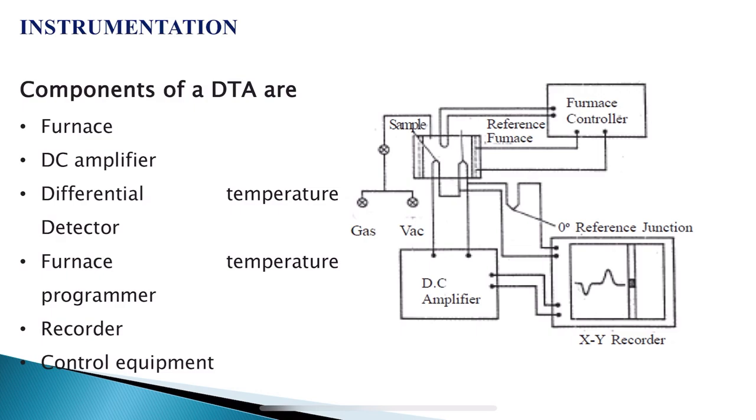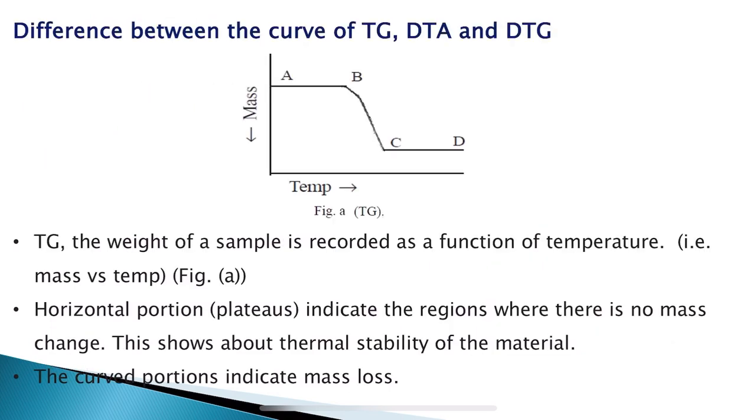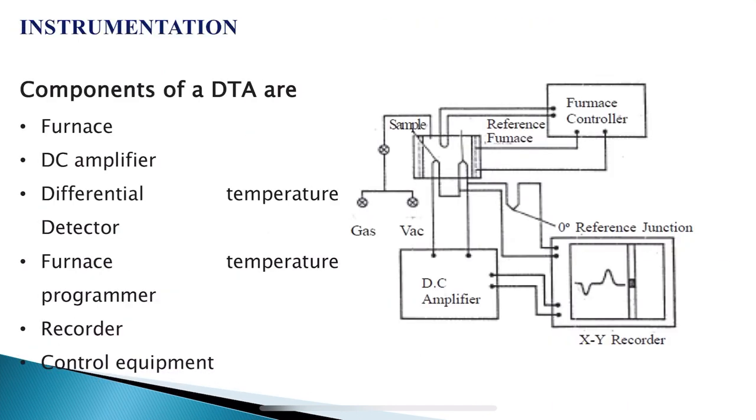We will also see the difference between TG, DTA and DTG, which is a very important part that needs more concentration from the exam point of view. What is the difference between the curves of thermogravimetry, differential thermal analysis and derivative thermogravimetry? We will also see some applications of differential thermal analysis.